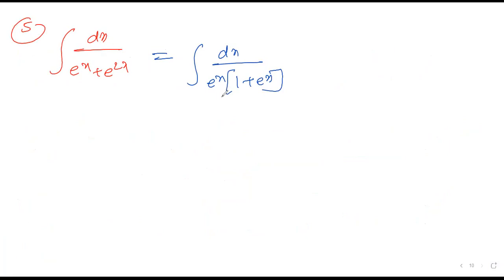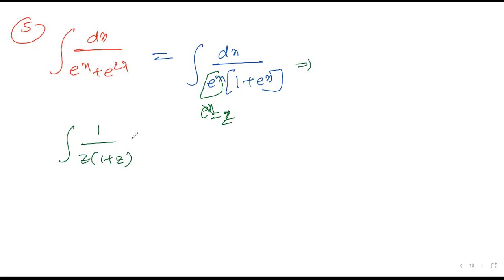Now, if you are a well and good student, you can take it like a partial fraction. If you take e power x equal to some value z, and take it common, 1 by z into 1 plus z.